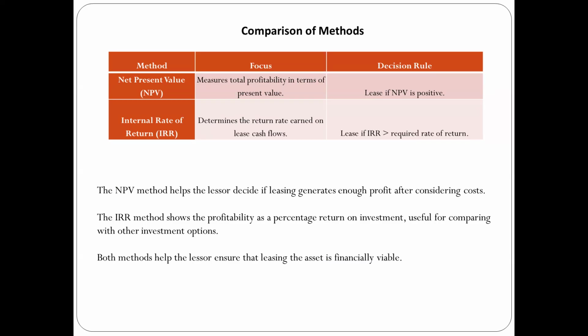Decision rule: lease if IRR is higher than the required rate of return, which means if IRR is higher than the return you want or accept, the lease is a good deal. In simple terms, NPV tells you how much money you are making overall, and IRR tells you how good your return is as a percentage. Both help you decide if leasing is worth it.